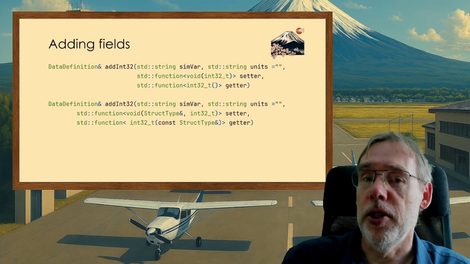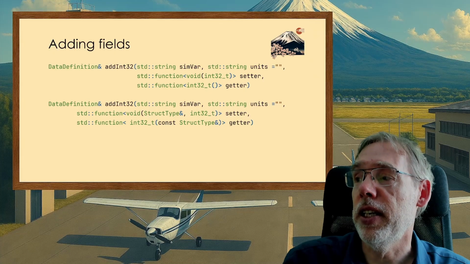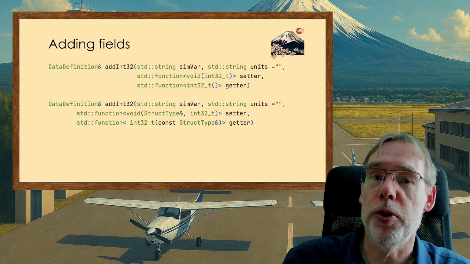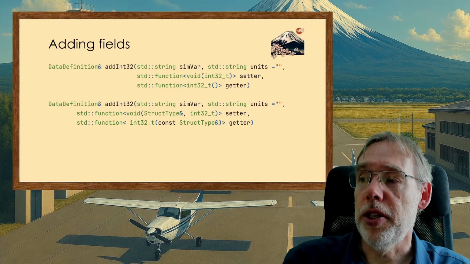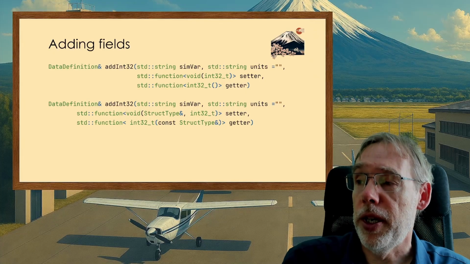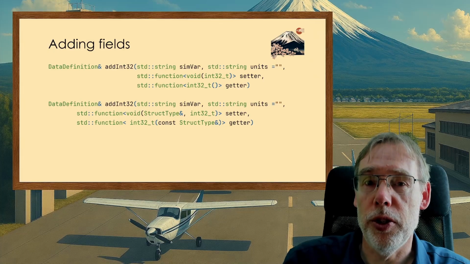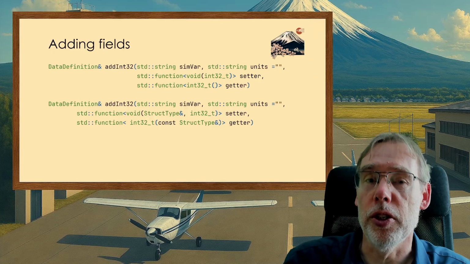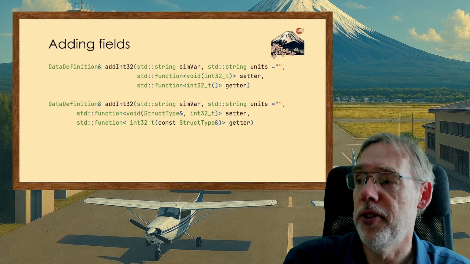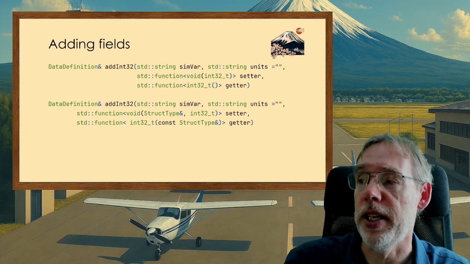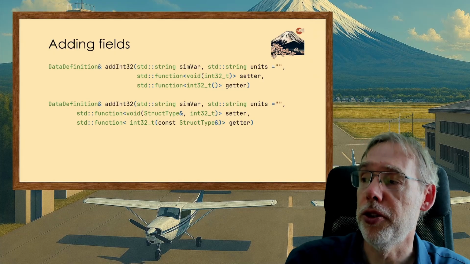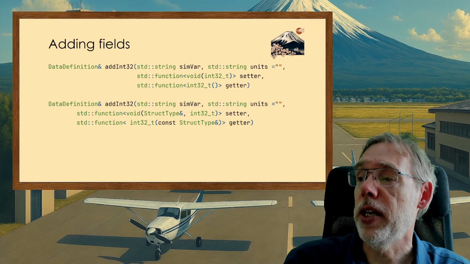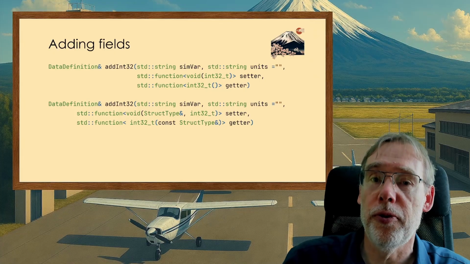The other way around, if it's for set data rather than get data, you can use a getter, which will return the value that needs to be put into the message. The alternative is that you just pass a struct because you do want to use the struct, but you want to determine how it needs to be converted into the correct field of that struct. In that case, you can explicitly pass the lambdas for that. The first one is to put the value into the struct. The second one is to extract the value from the struct.